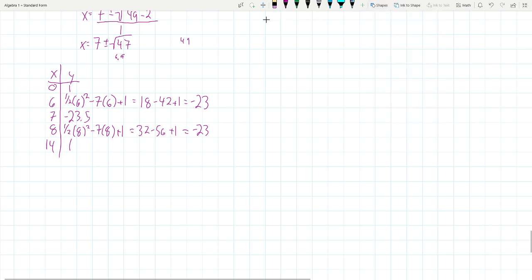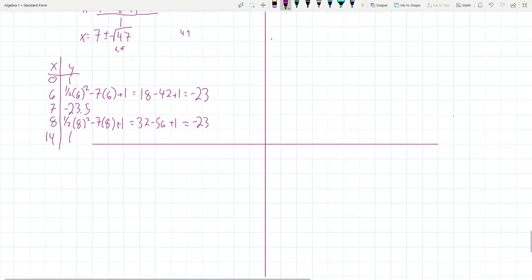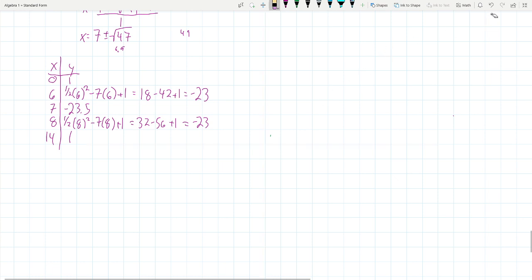X's are in the positives. Alright. And again, we've got some really big numbers here. And so I got 0. Whoops, wrong way. Undo. There we go. When x is 0, my y is 1. There we go.